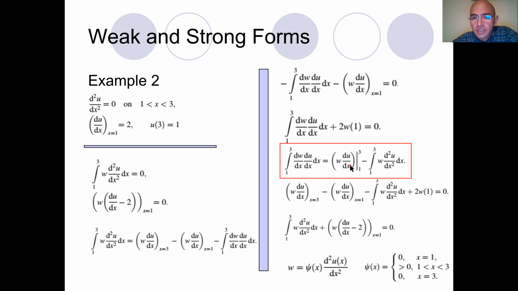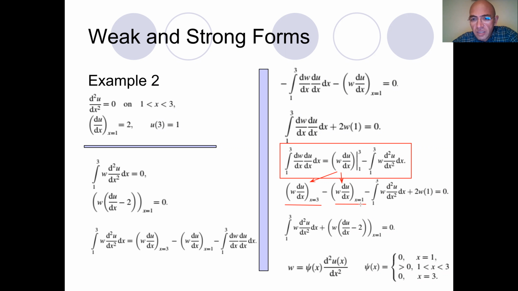Okay, now I can write the boundary terms separately. As a result, I'm left with w du/dx at x equal to 3 minus w du/dx at x equal to 1.